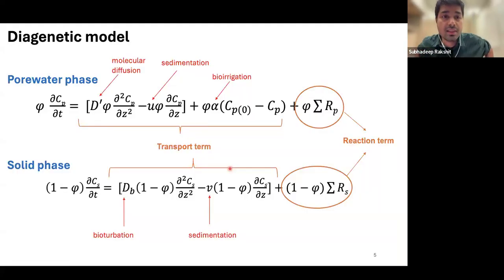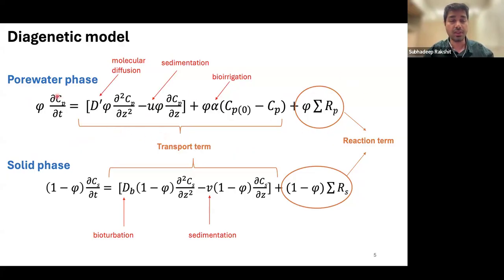Okay, so here are the diagenetic model equations. In the sediment, you have two phases: pore water phase and the solid phase. This is the model equation, which many of you might already be familiar with, but in case someone is new to this topic, I just wanted to give a brief introduction of how the model equations look. This is essentially the reactive transport model for sediment diagenesis, where you have the transport terms and the reaction terms.